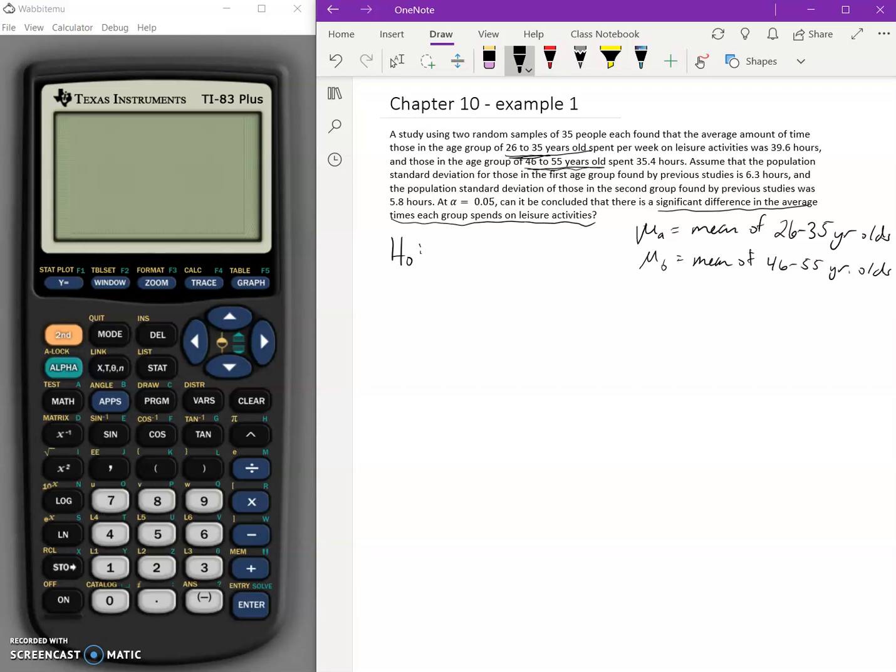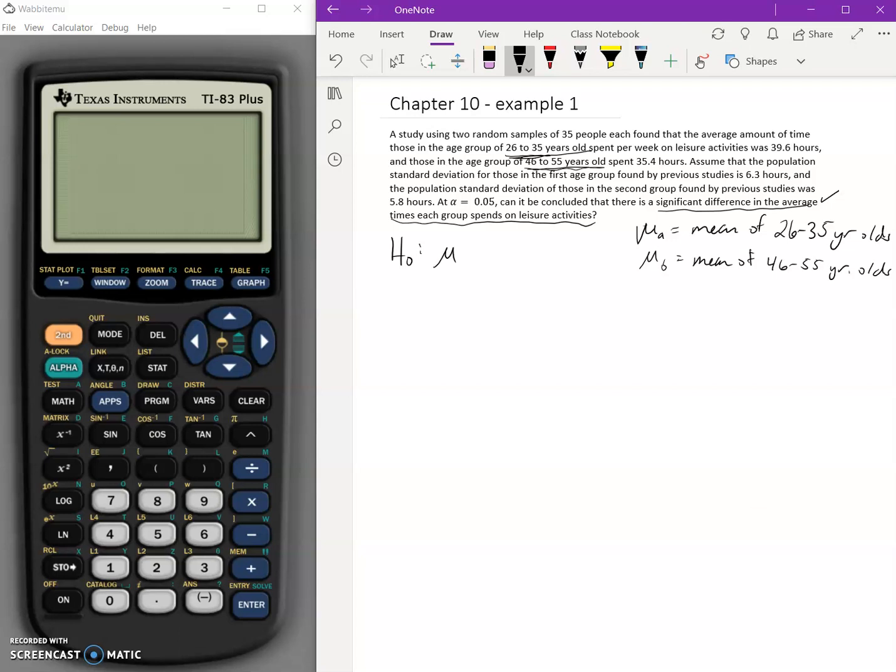So we are looking at averages or means, and we have 2 distinct, independent groups. There's no one in between, no one who's in both of these. So we're going to have 2 samples with means, and we should be using means and 2 samples in our hypotheses.